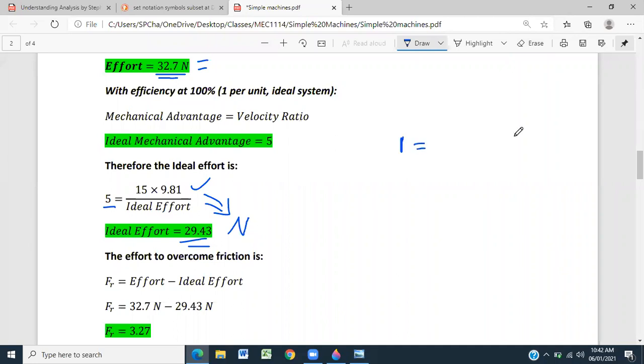So as long as the velocity ratio is some number, say 8, and the mechanical advantage would be some unknown, solving this formula, the mechanical advantage is 1 times 8, which is just 8. So whatever that value is for the velocity ratio, it's going to be equal to the mechanical advantage, unless, of course, the dimensions of the wheel and the axle change. Or in the case of a lever, maybe the length of the lever changes, okay?